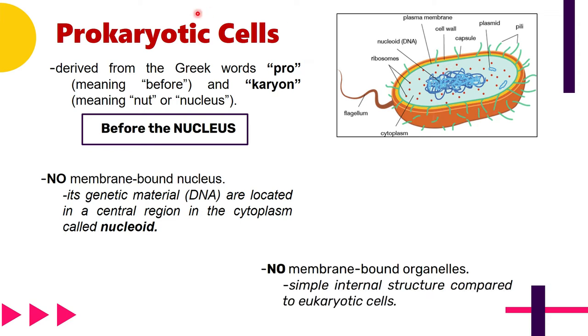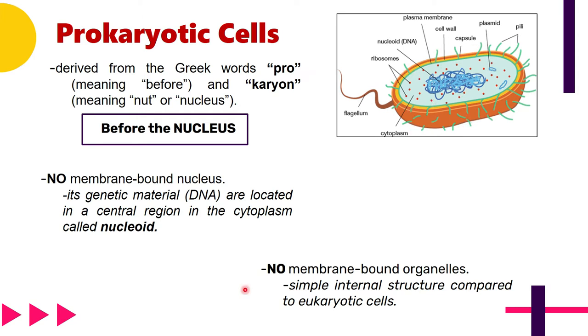So prokaryotic cells have a simple internal structure compared to eukaryotic cells, because eukaryotic cells are much more complex. What makes eukaryotic cells complex are the membrane-bound organelles, compared to prokaryotic cells, which have no membrane-bound organelles and fewer cell structures.